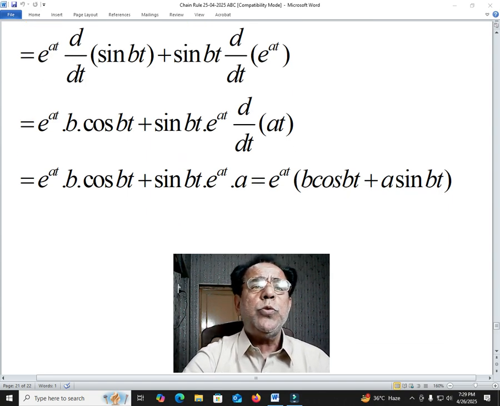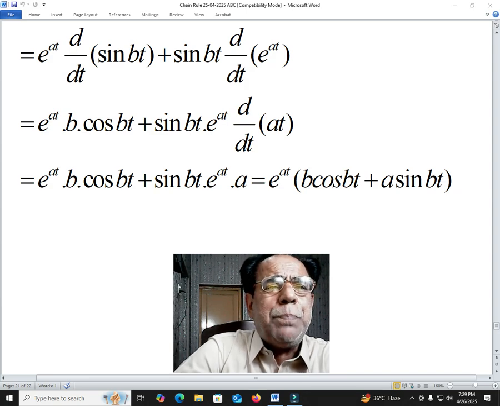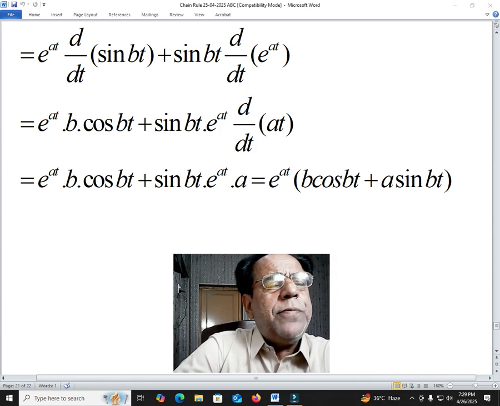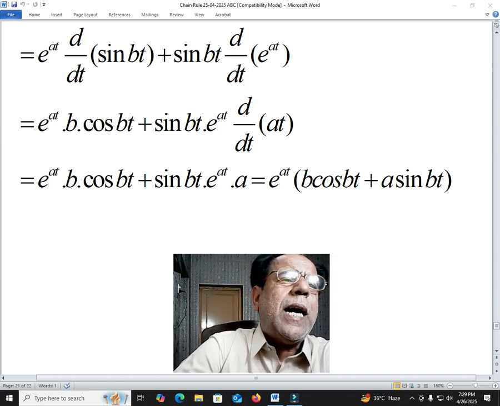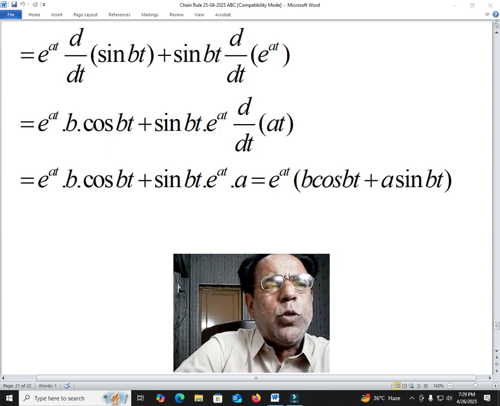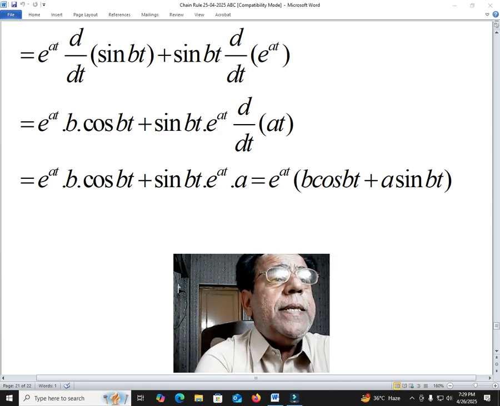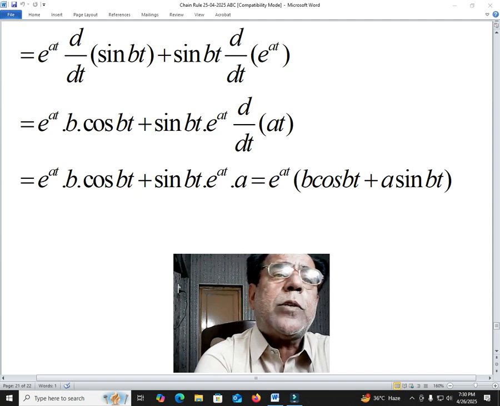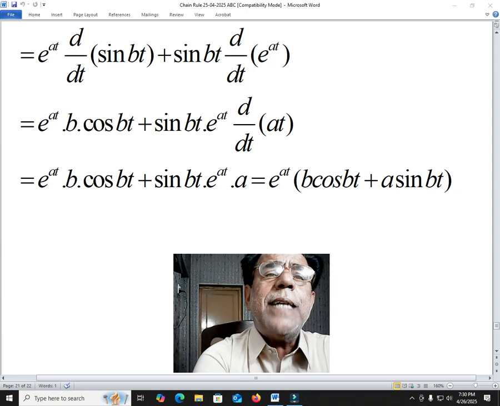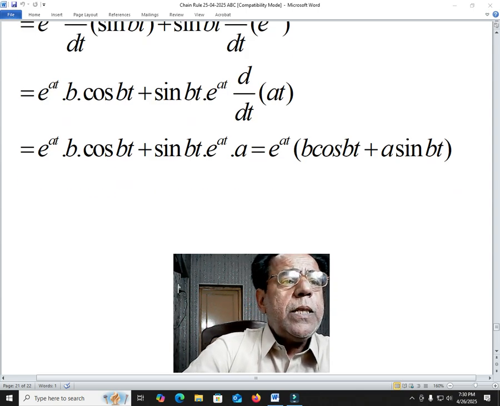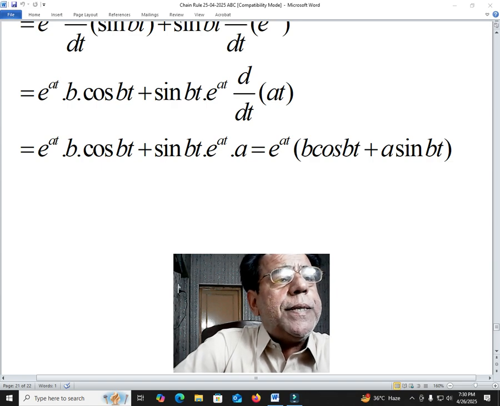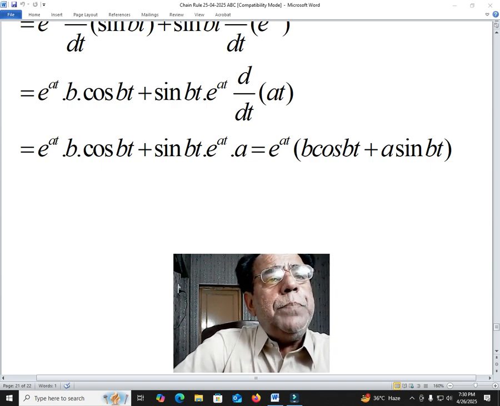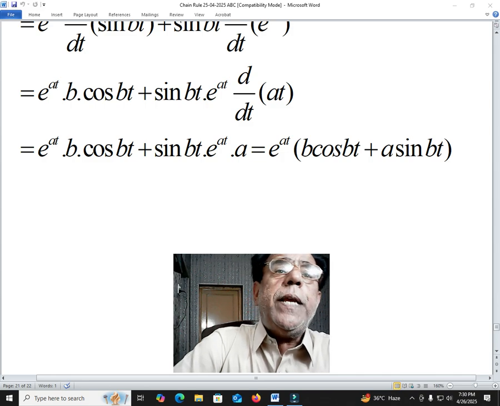So using these rules, our next step will become e raised to power at into b, whether we say into or dot or do not use dot, it is a matter of discretion. e raised to power at into b into cos(bt) plus sin(bt) into e raised to power at into the derivative of at with respect to t, which will give us result a.